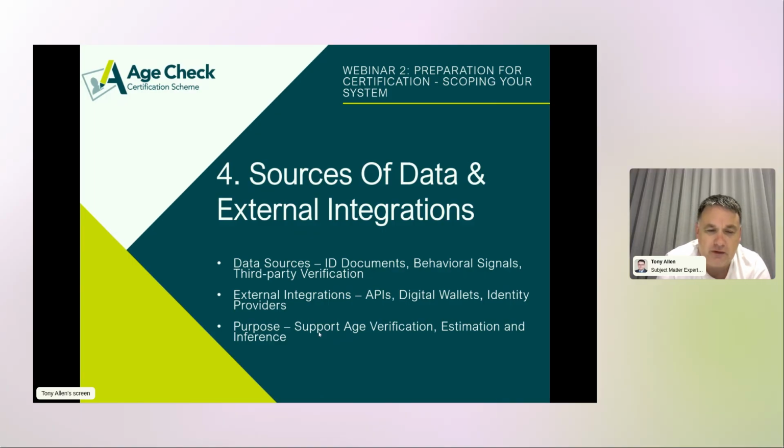So things like if you're using a credit reference agency as a source, you should be identifying where that source is, and you should be understanding the certification and veracity and reliability of that source data. If you're working on external integrations, such as with digital wallets or with identity providers or with trust frameworks around the world or whatever you may well link to, you need to understand those.